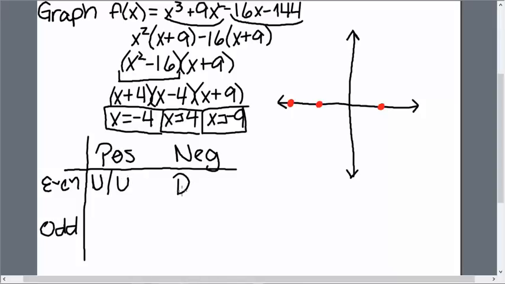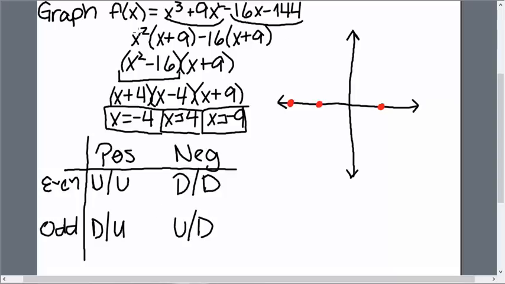If it's negative, it's going down and down. Now for these bottom two, the odds, you just know that they switch off. I would recommend memorizing the positive odd. It is down, up. Right? If you memorize this one, then this last one, just following the pattern, must be up, down. So what we got to do is check out the original function way up here and place it.